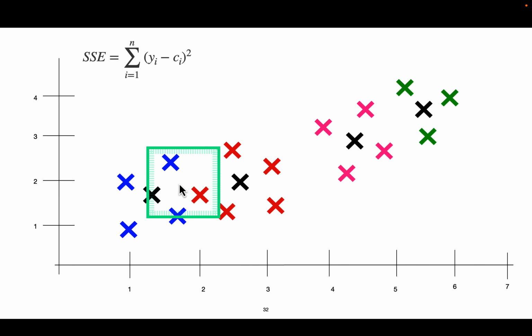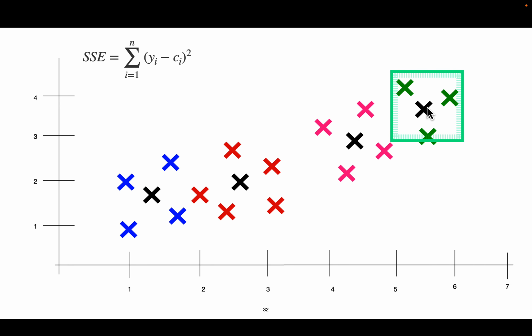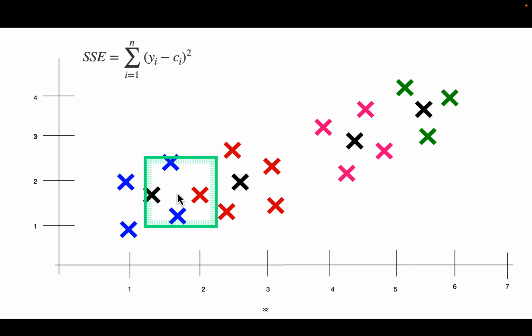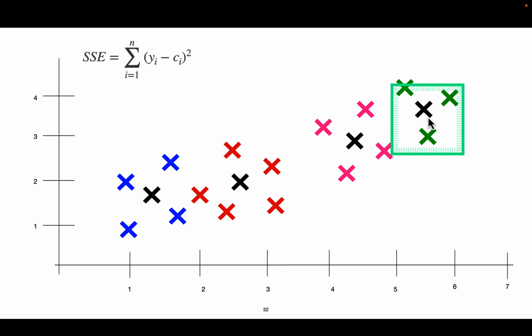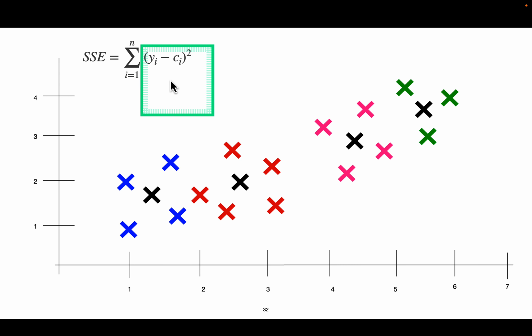So let's say I have 4 clusters: blue, red, pink, and green. These are the data points, and for each cluster I have put a centroid. For the blue, this is the centroid. For the red, this is the centroid. For the pink, this is the centroid, and for the green, this particular point is the centroid. Then we calculate the squared distance.